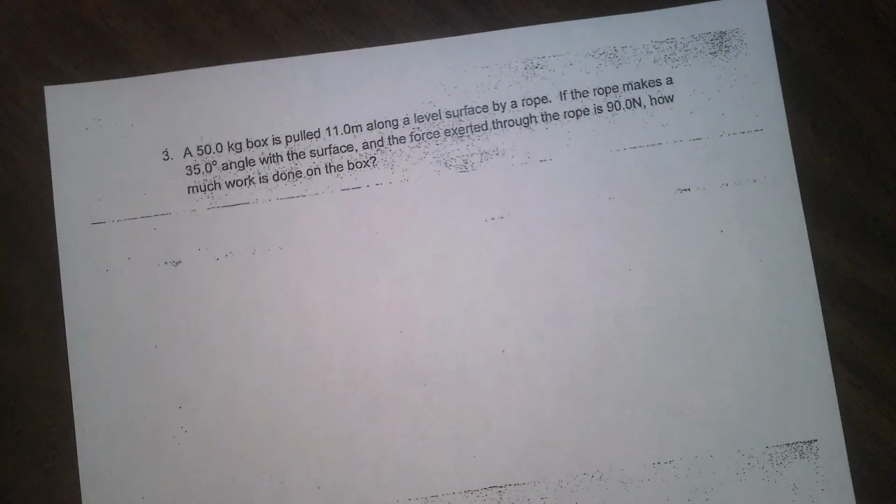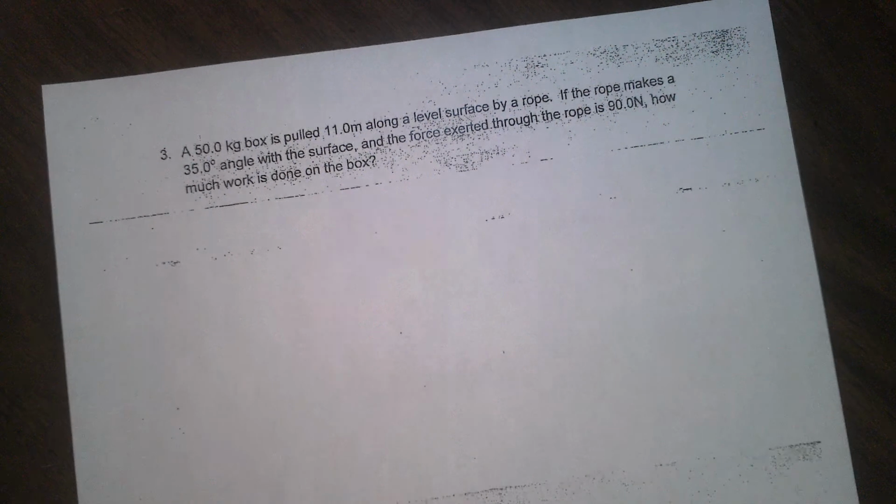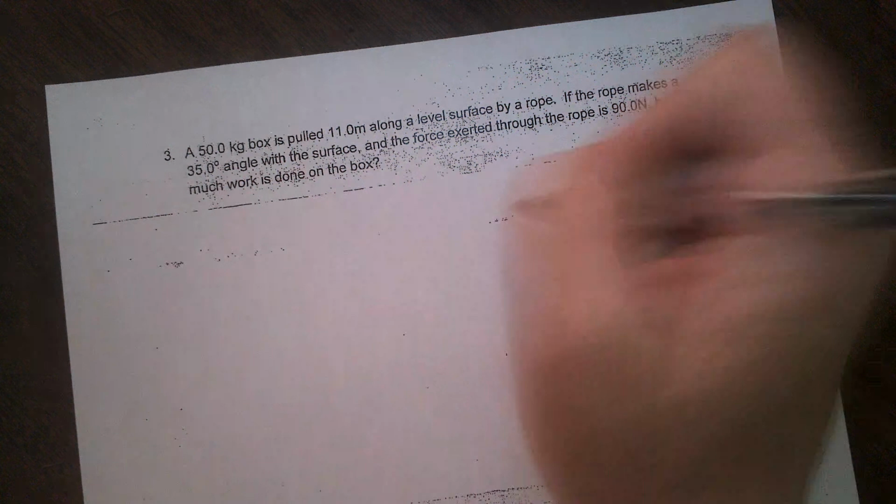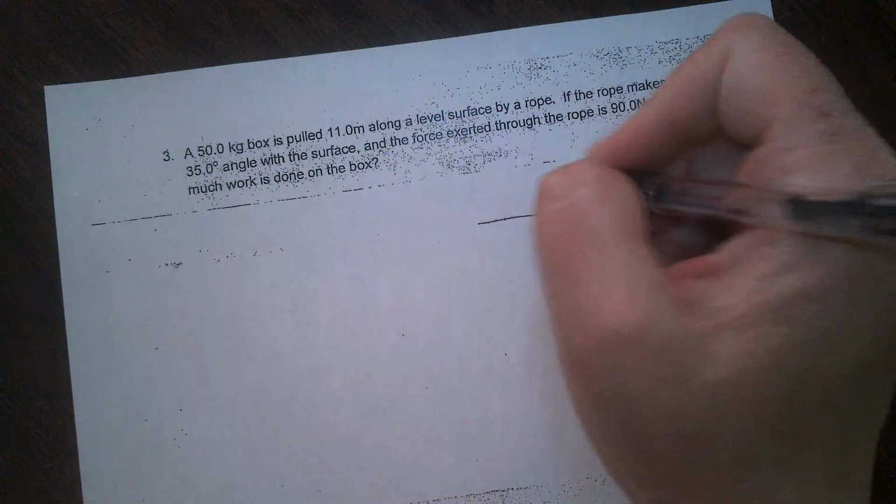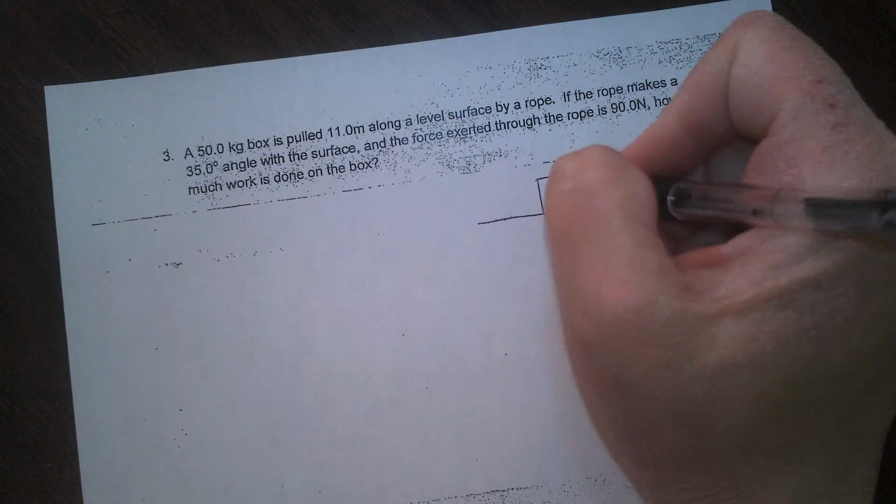All right, a 50-kilogram box is pulled 11 meters along a level surface by a rope. If the rope makes a 35-degree angle with the surface and the force exerted through the rope is 90 newtons, how much work is done on the rope? Well, what does that look like? Here's our box.